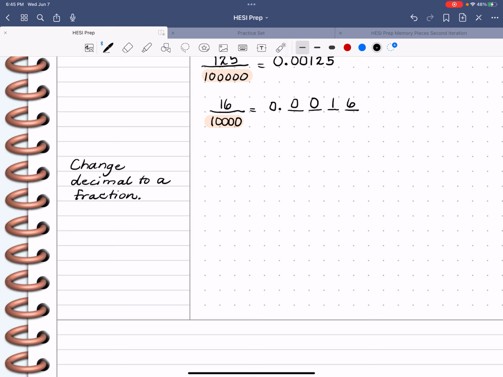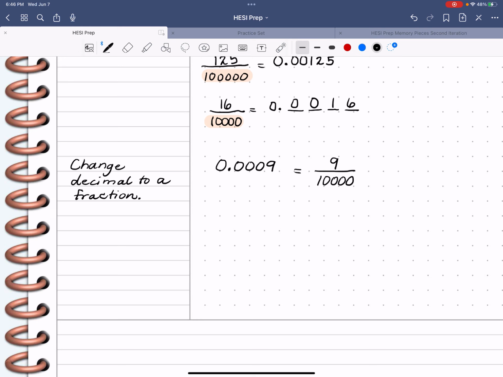For example, this decimal, I want a fraction. So we know that it's going to have a 9 on top. Let's count our places. We have tenths, hundredths, thousandths, 10,000ths. So that will be your denominator.